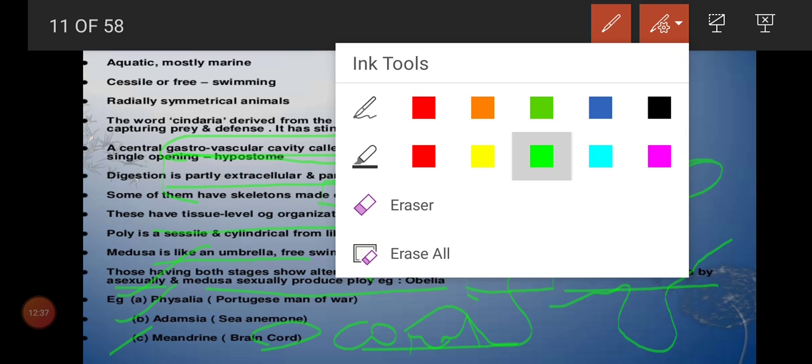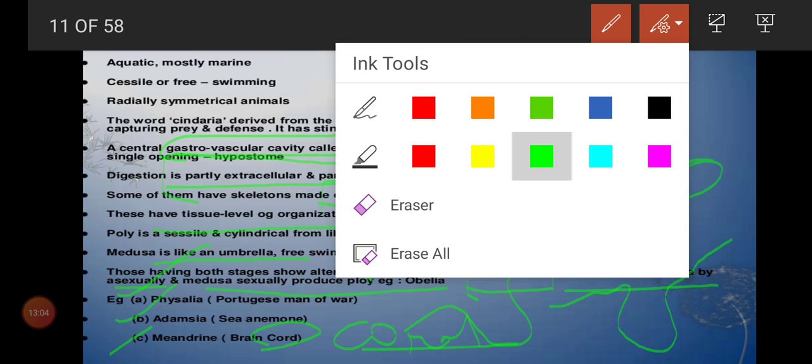The body cavity is acoelomate, but here a gastro cavity is present for digestion. And here the skeleton is endoskeleton or exoskeleton. Exoskeleton means it is calcium carbonate, and digestion is incomplete. Respiration is surface respiration like diffusion, very simple diffusion, and excretion is also a diffusion process only.